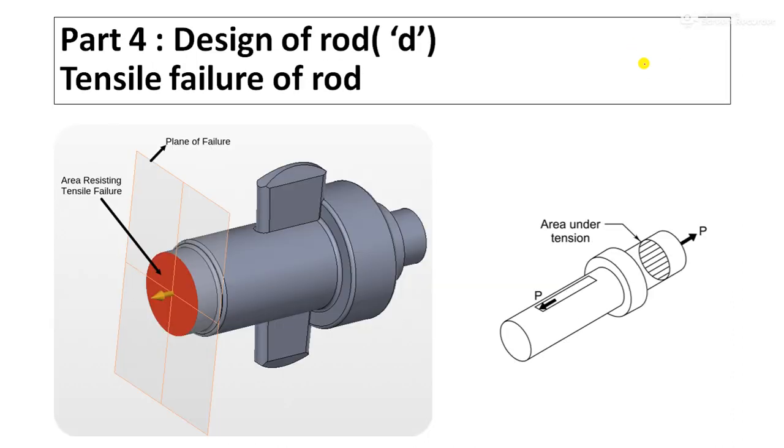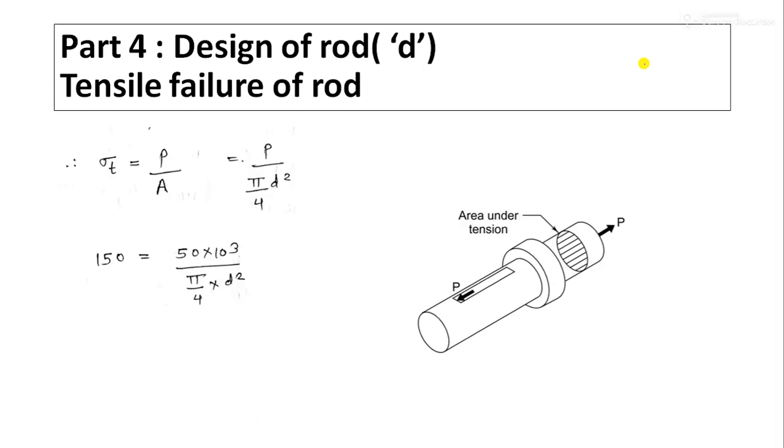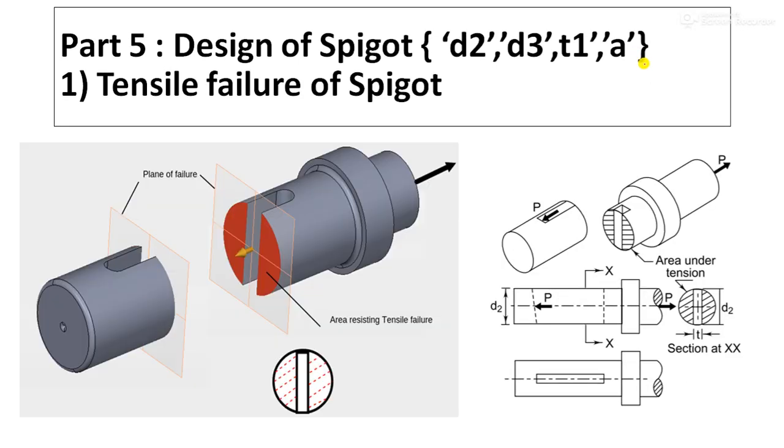In part 4 we calculated the design dimensions of rod D based on the tensile failure of the rod. Then in part 5 we did the stress analysis of the spigot and found the dimensions D2, D3, D1 and A. So this is what we finished up to part 5 in the last lecture.